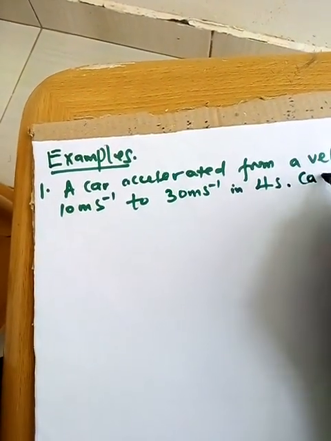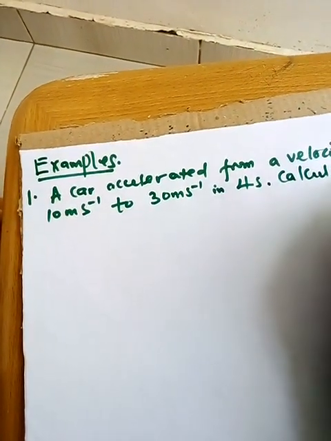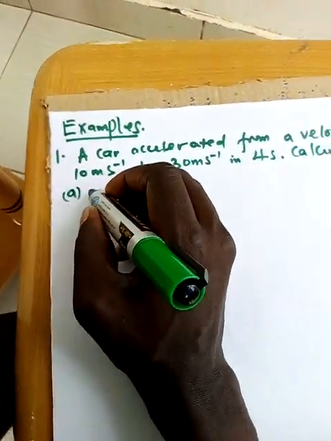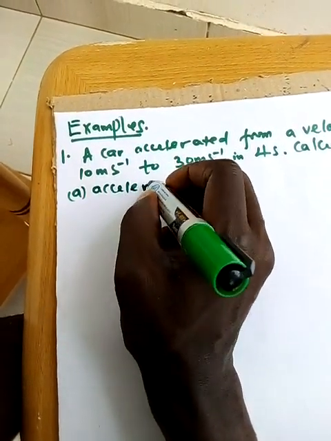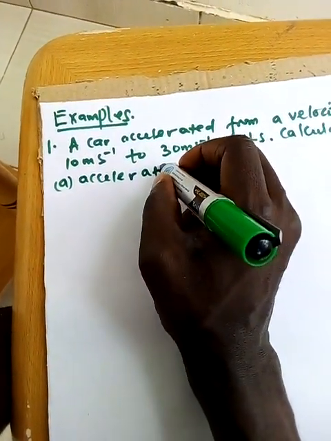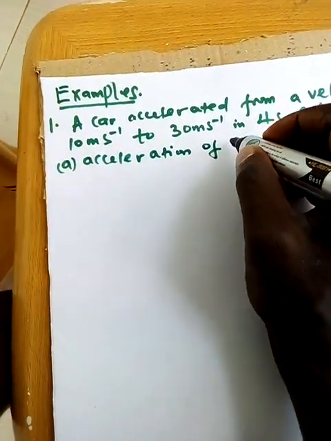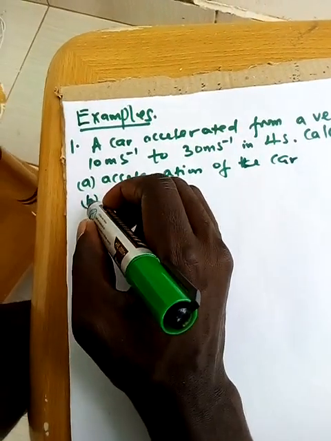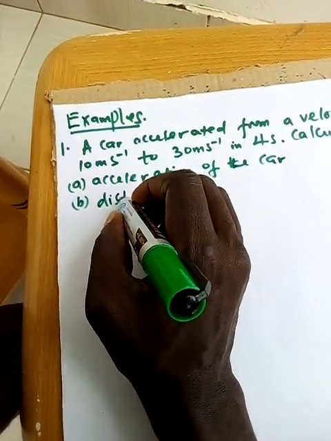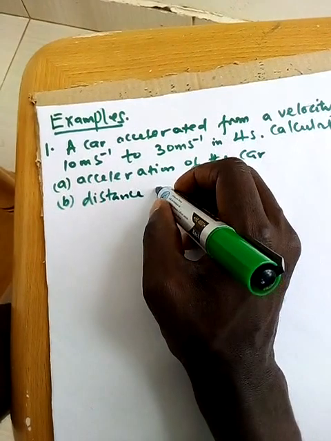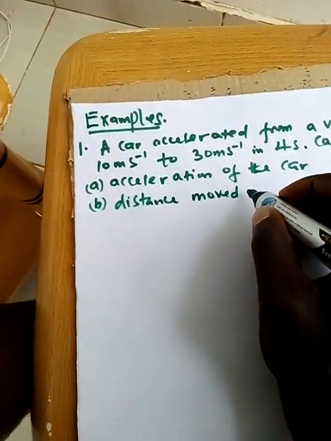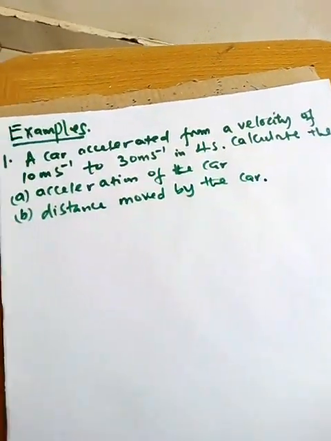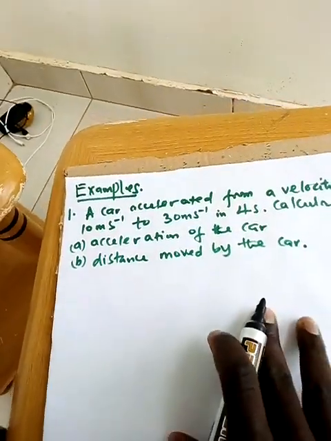Calculate part A, the acceleration of the car. Part B, the distance moved by the car.